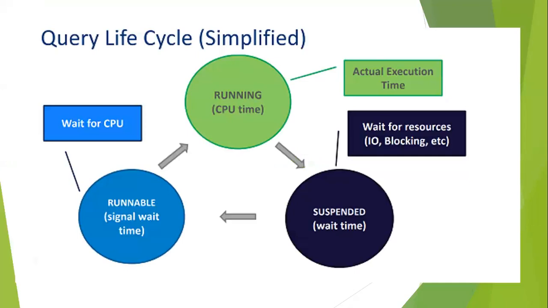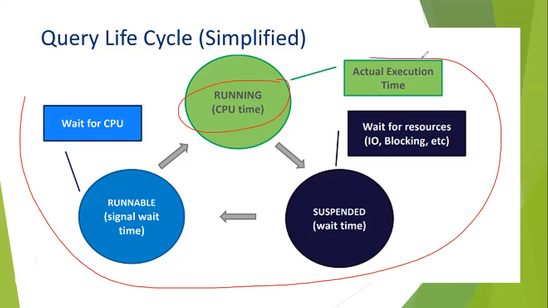Suppose the thread is running on the CPU, we call it run time. If it is not on the CPU, we call it wait time. If the thread is currently on the CPU, then it is CPU runtime.